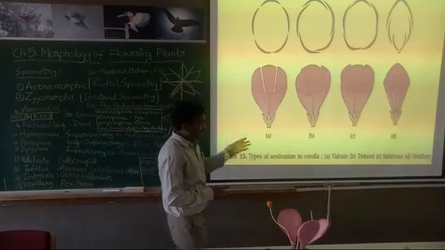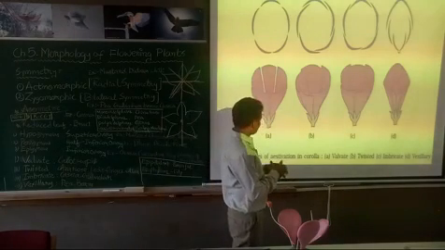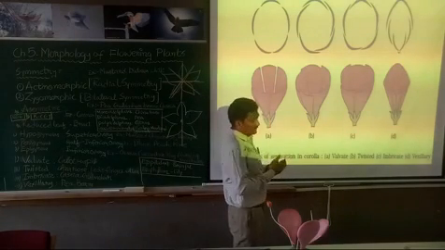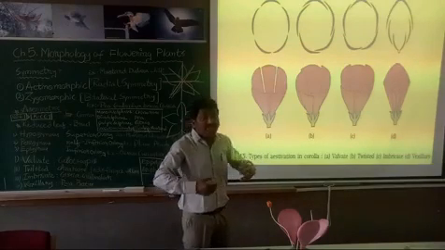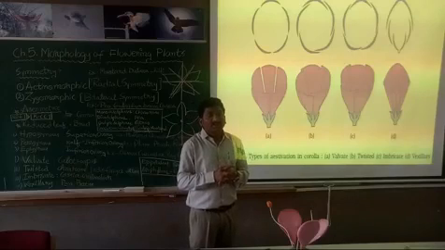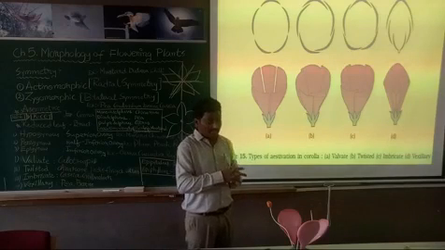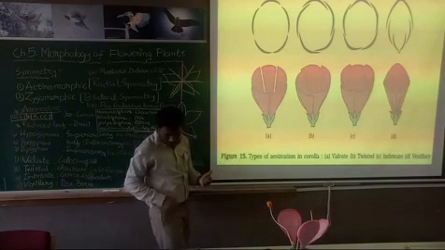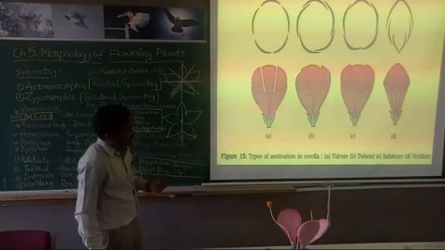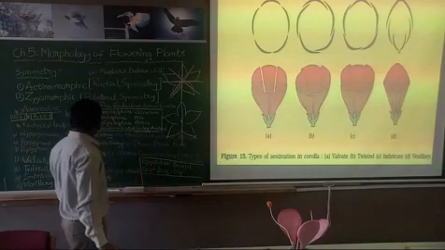Okay, now let us see the first one, valvate estivation. In valvate estivation, either sepals or petals are arranged side by side without touching each other. That kind of arrangement is called valvate estivation.